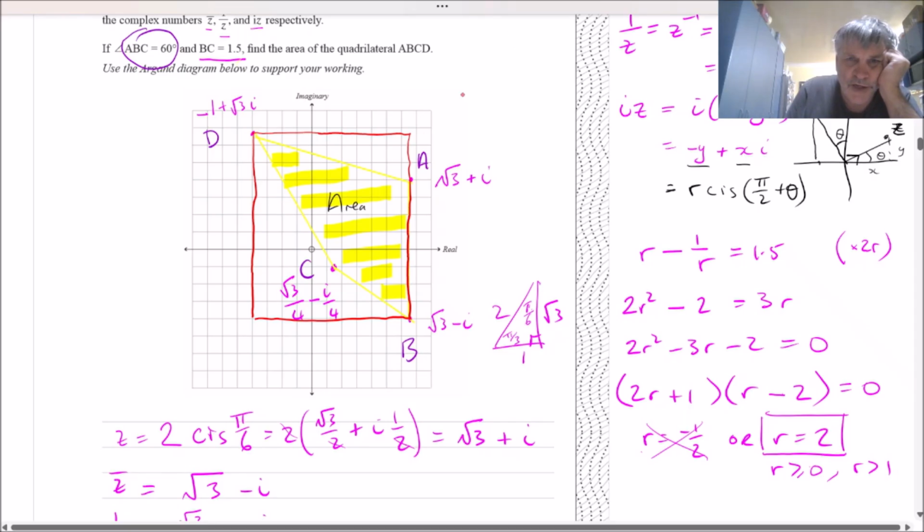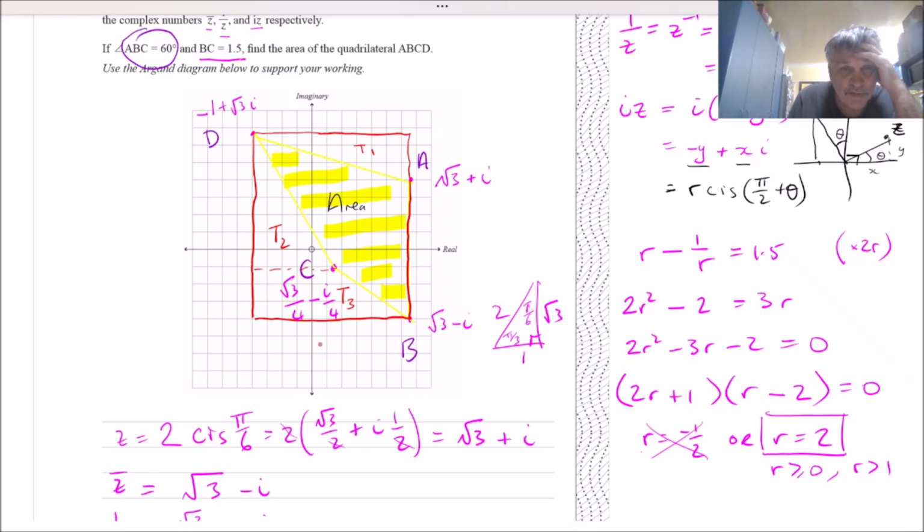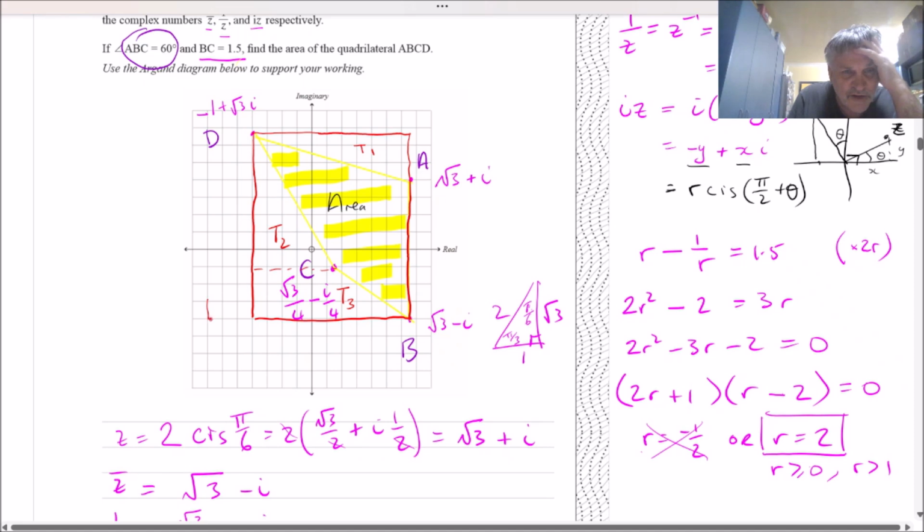And what we have here is some triangles, which we'll call T1 and T2. So we have another triangle goes across here, and we've got a trapezium down the bottom, which we'll call T3. And we can work out the area of the rectangle. As I say, it looks like a rectangle, but it's really a square, and that's because basically the dimensions here are not the same.